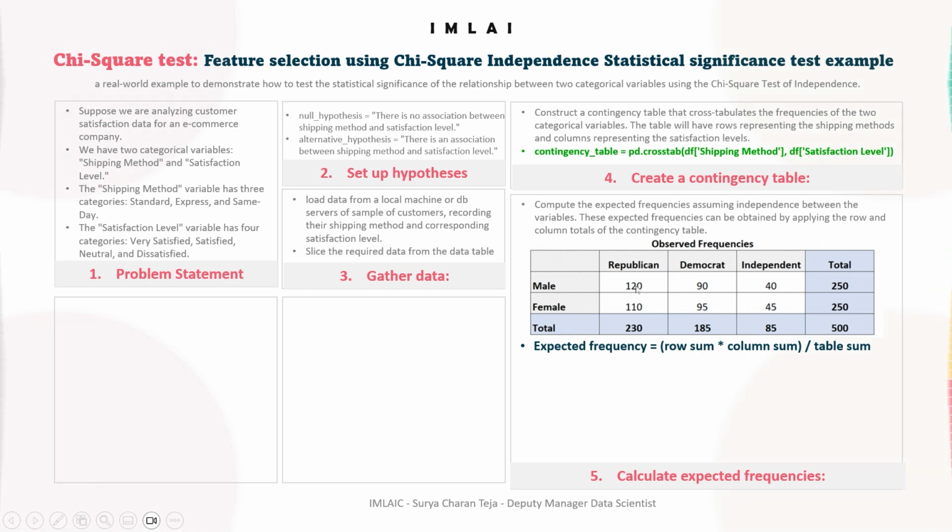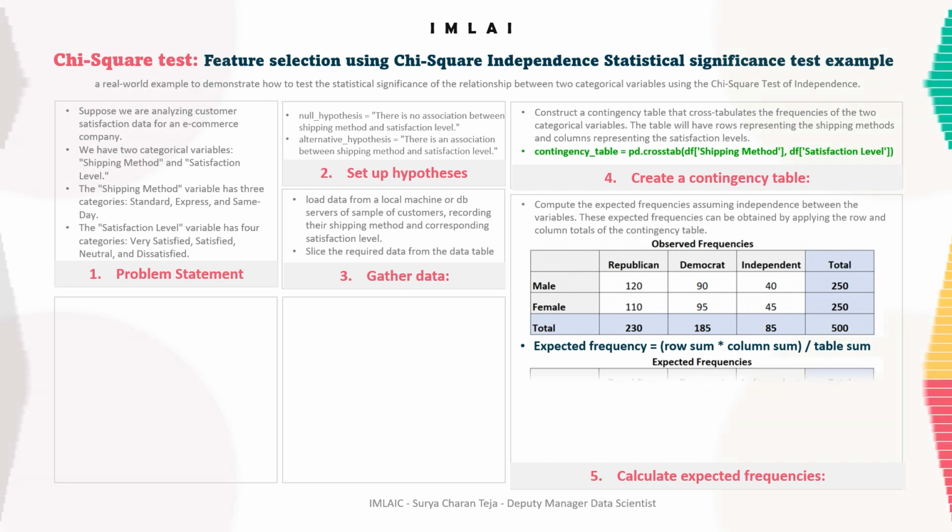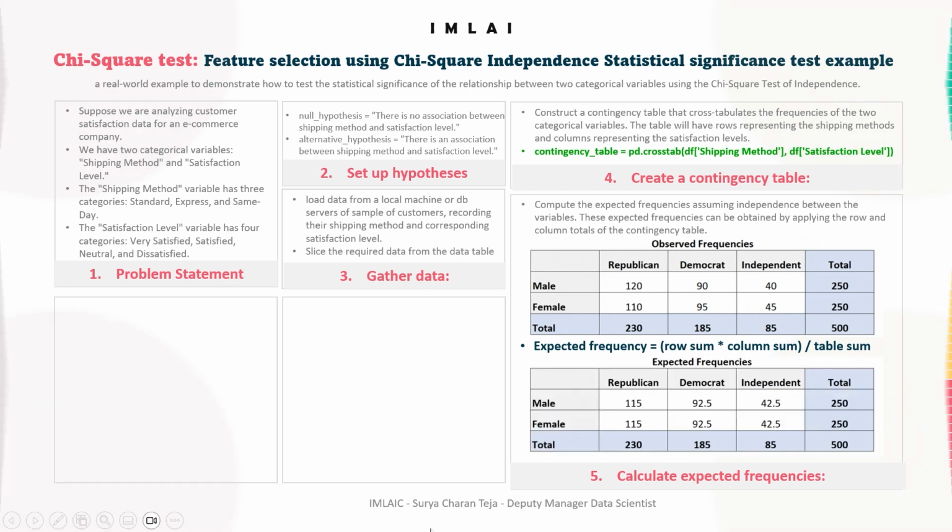If you take the first example, 250 times 230, all divided by 500, what you get is 115, and that's the expected frequency.